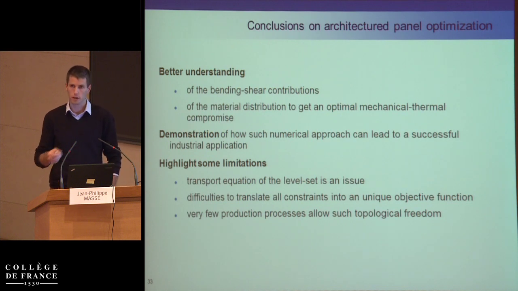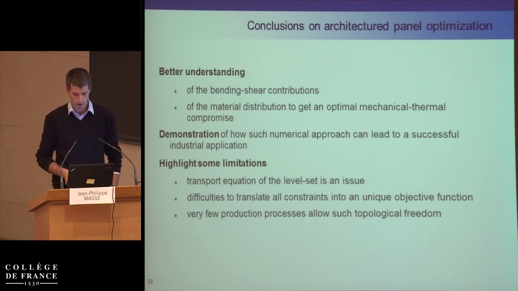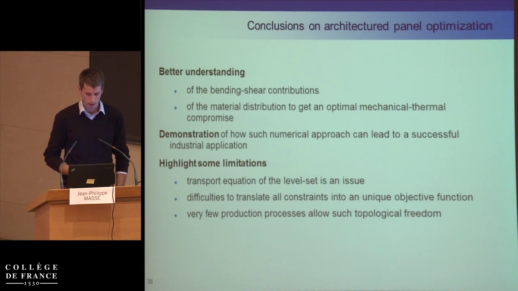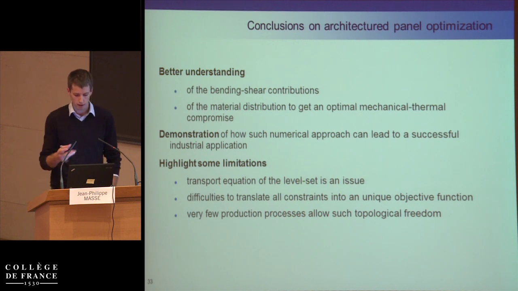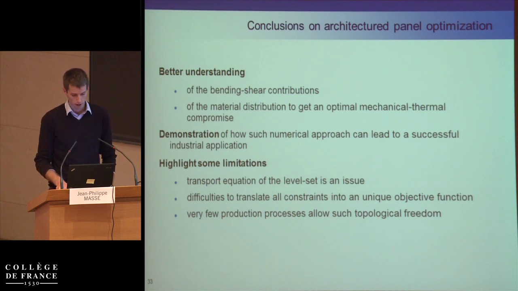Of course, we cannot introduce in the numerical objective function all the constraints of the process, and that's a problem. And also, there are only a few processes that allow such topological freedom as we have here in numerical simulation. We found an application here, but it's not really easy to find such a product and process.